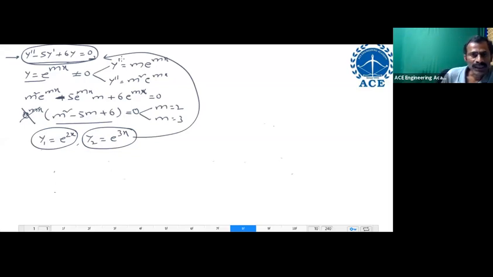This is the actual method of finding the solution. For this second order equation, we got two non-zero solutions. Suppose it is a third order equation; if we do it this way, we get a cubic equation and three roots, and with the three roots, we get three solutions. Fourth order equation, 4 roots, 4 solutions.